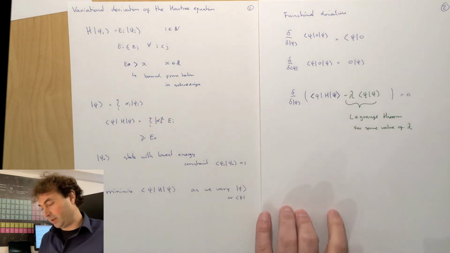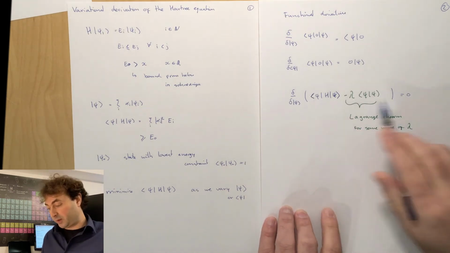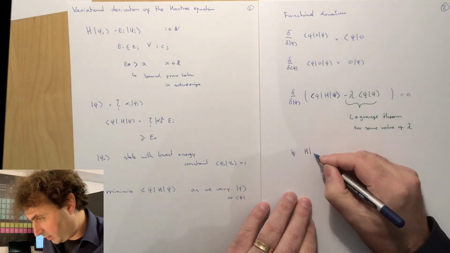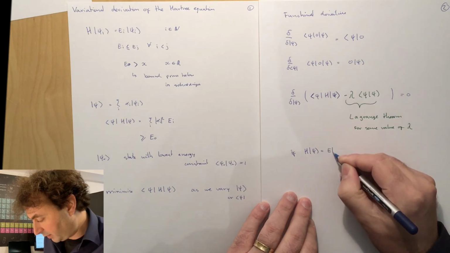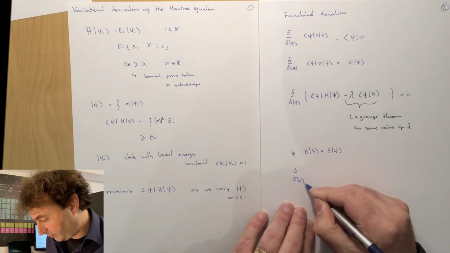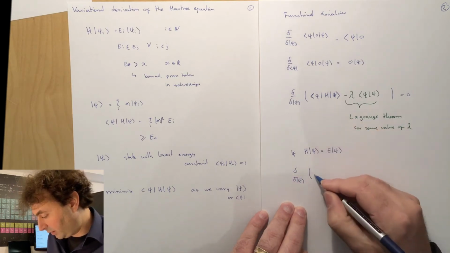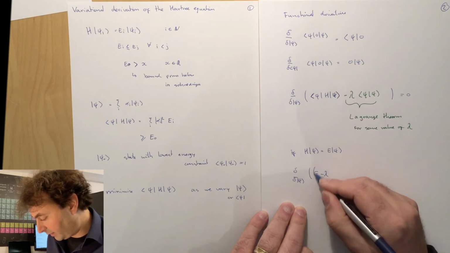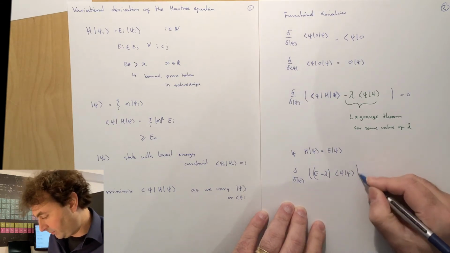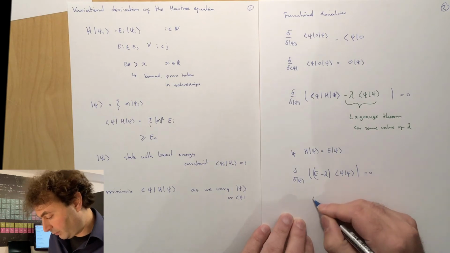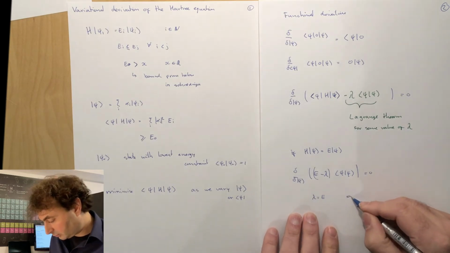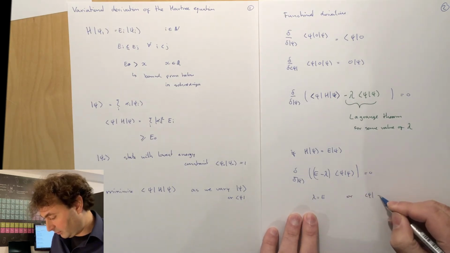So we can show that indeed an eigenstate fulfills this condition. So for an eigenstate we know that H psi is E psi, and therefore the derivative here is given by E minus lambda times the inner product of a wave function, and this has to be 0, which means that either lambda is equal to the eigenenergy or our wave function is 0.